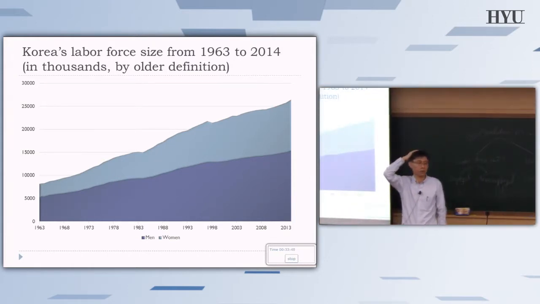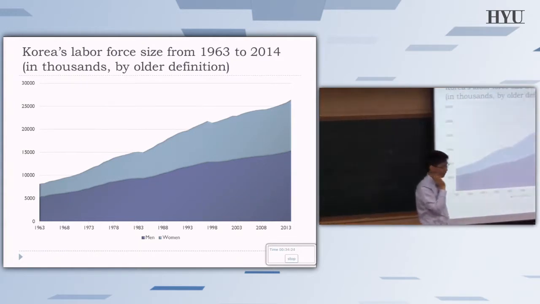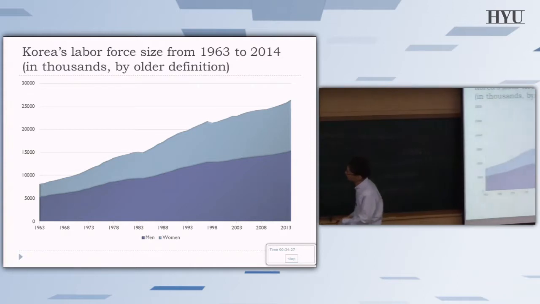And in Korea's case, for the half century, P has increased. Obviously, we have a lot more people living now than 50 years ago in this country. Well, you may have heard some news that Korea's labor force size will decrease at some point in the future. It's because population size is not going to increase much, or actually it's expected to decrease at some point, because we are not having enough babies. At some point, we may talk about it.